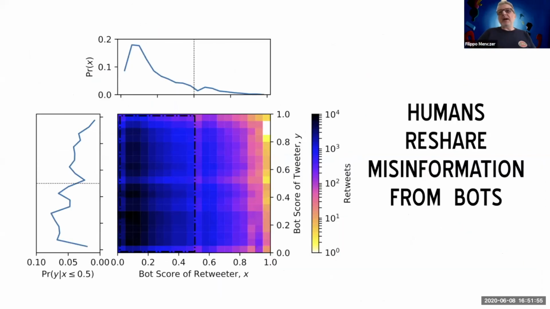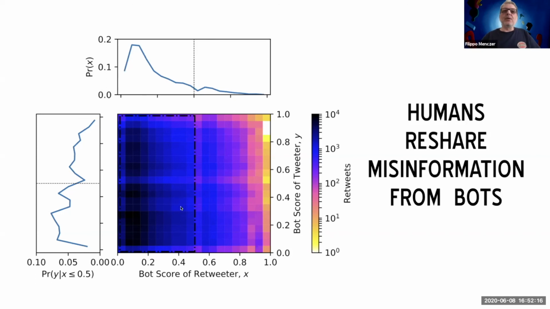In terms of impact, we could look at retweets, for example. We see that most of the retweets in these networks were done by humans. Here on the x-axis, you have the bot score of the retweeter, and on the y-axis, you have the bot score of the original tweeter. The projection on the top shows you that most of the retweets came from accounts with low bot score, so mostly humans.